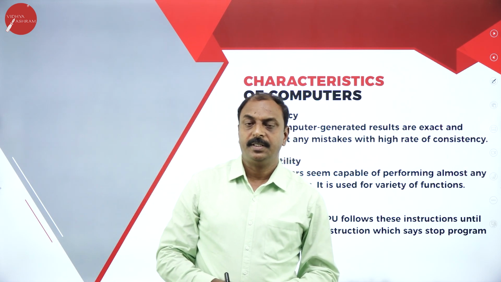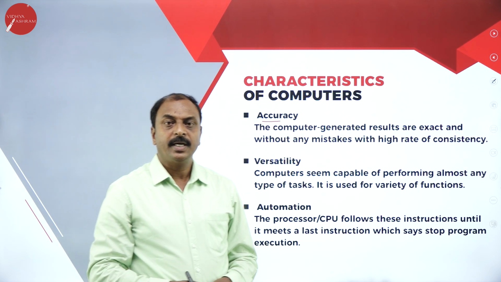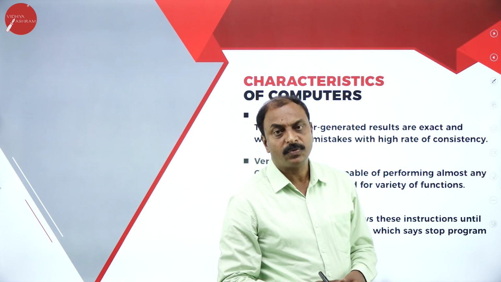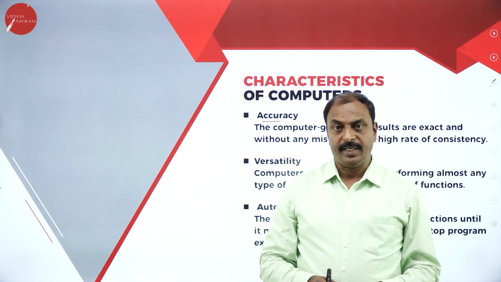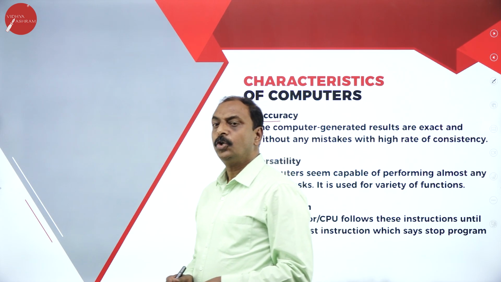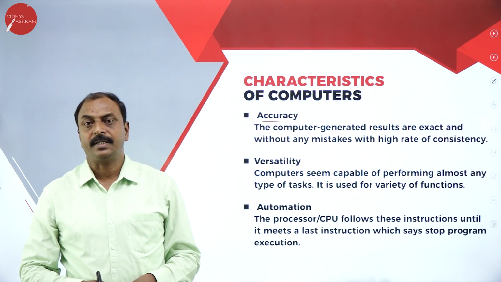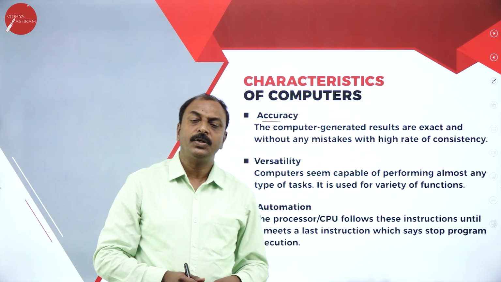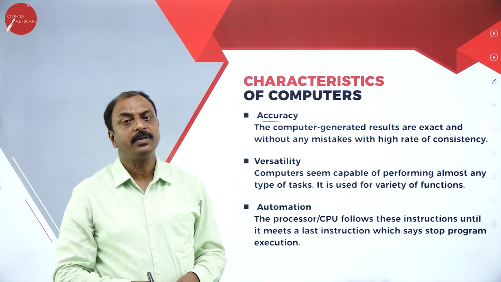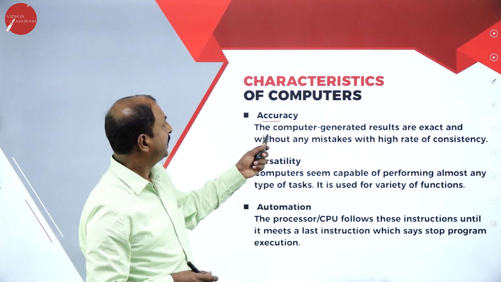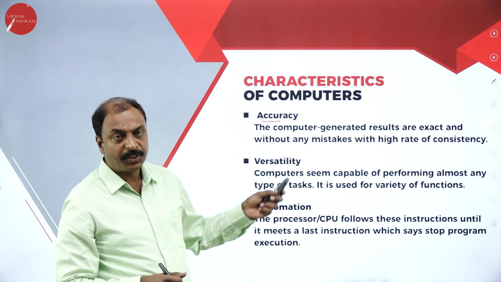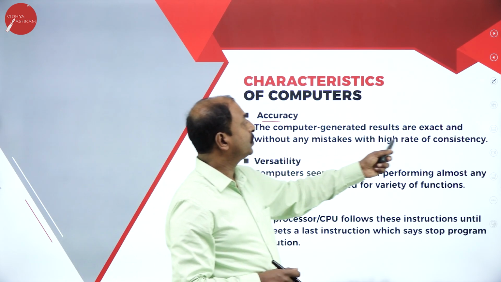Now, let us move on to the next characteristic, that is accuracy. What is accuracy? Accuracy is nothing but the computer does all the work without any mistakes, because we are human beings, so there are chances that we make mistakes while doing our work, but as a computer is an electronic machine, it never goes wrong.